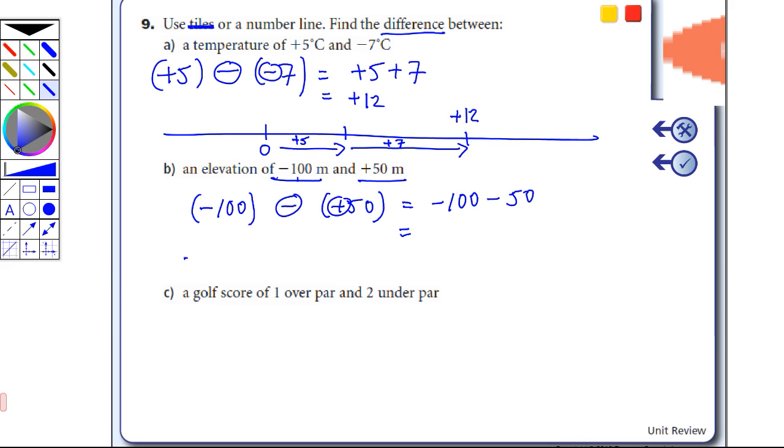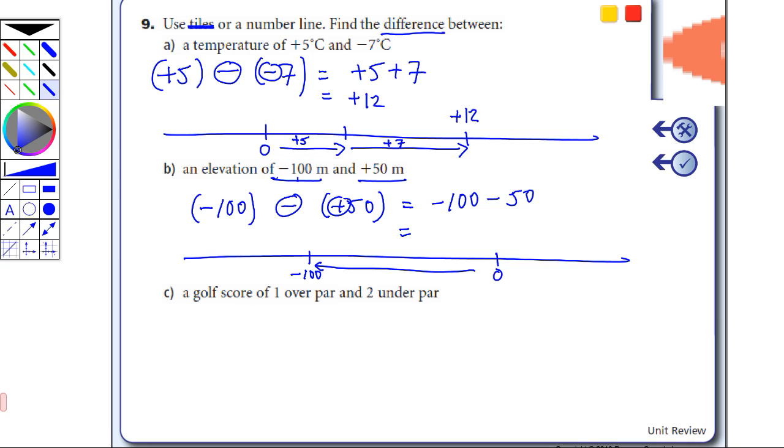So if I've got my number line here, and let's say this is 0, and let's say this is minus 100, well, the first step is the minus 100. And the second step is minus another 50. That's going to leave me at minus 150.